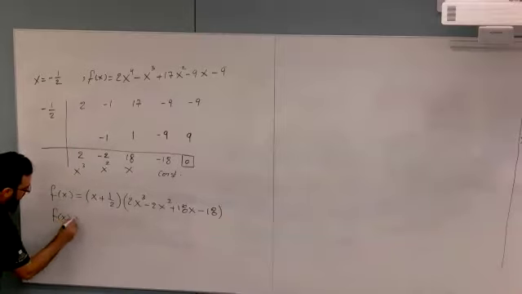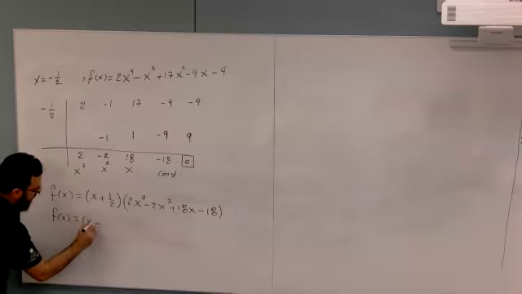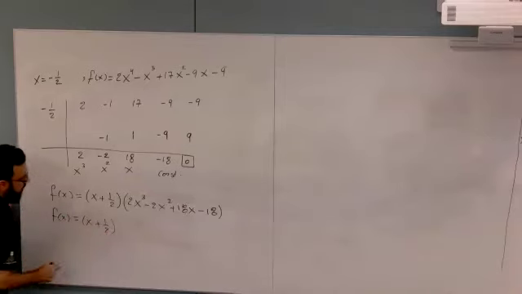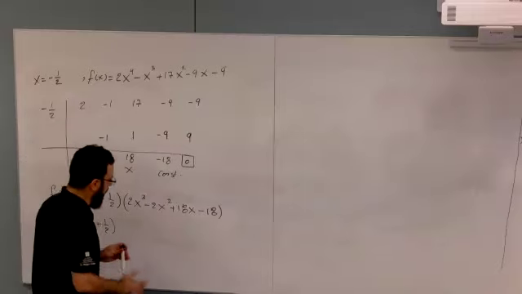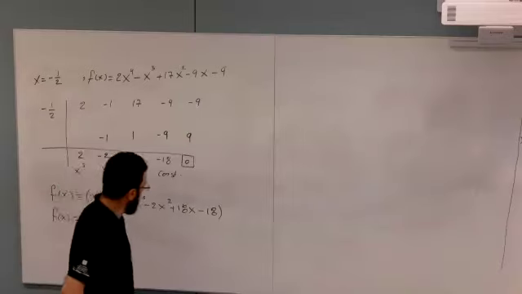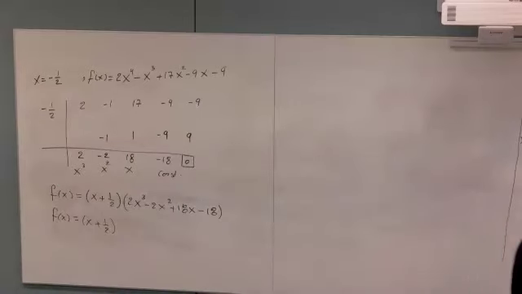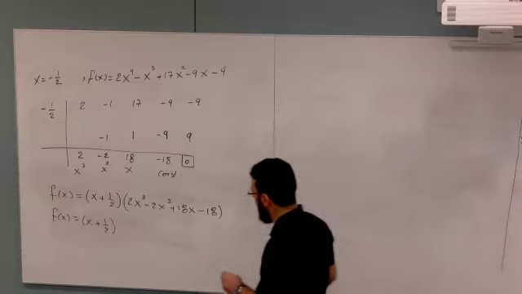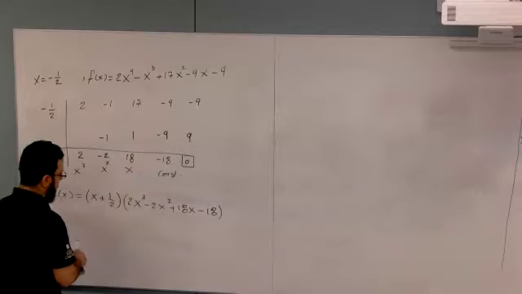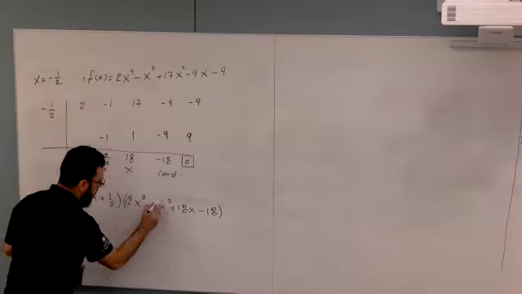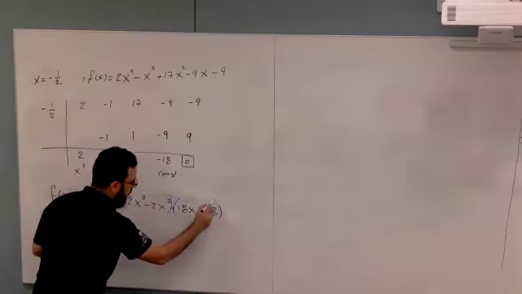So f of x equals. I'm going to keep this one, and they're going to ask you the way you factor it. I'm going to group the first two terms and the last two terms, right? Group this one, group this one.